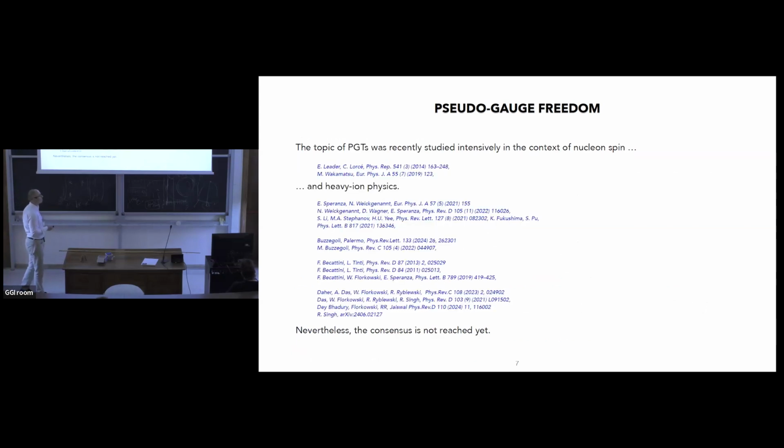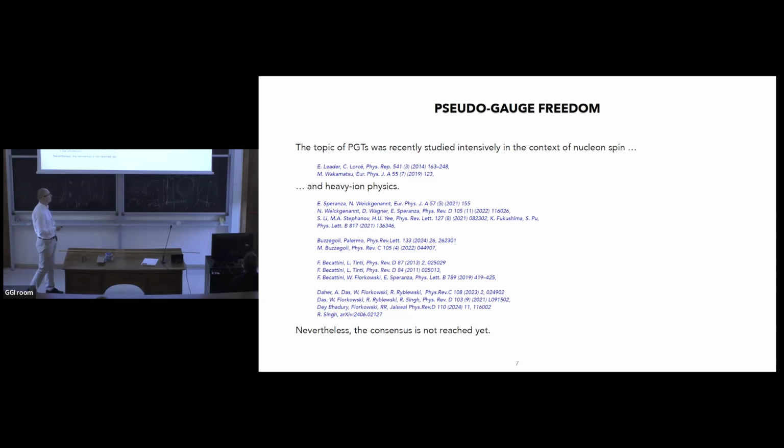Of course, this topic is not new. It was addressed by many groups so far, not only in heavy ion physics, but both in heavy ion physics and also in the topic of the nucleon spin, where similar problems arise.